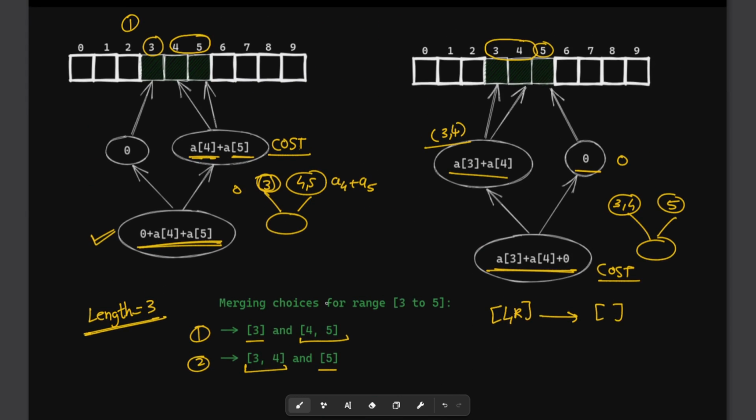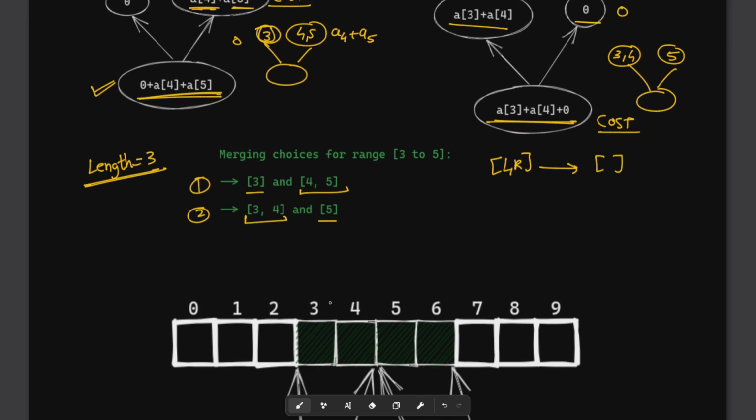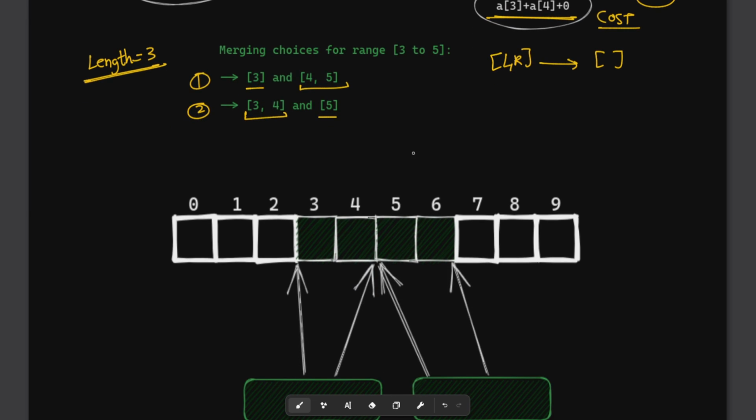So we want to essentially find out the answer for any subarray of this original array, and the final answer will be answer from 1 to n, since this denotes the entire array A, which is given.